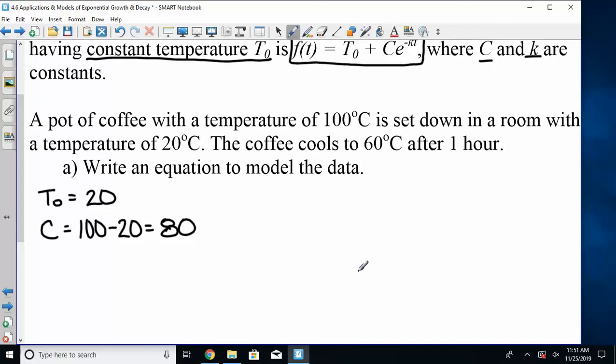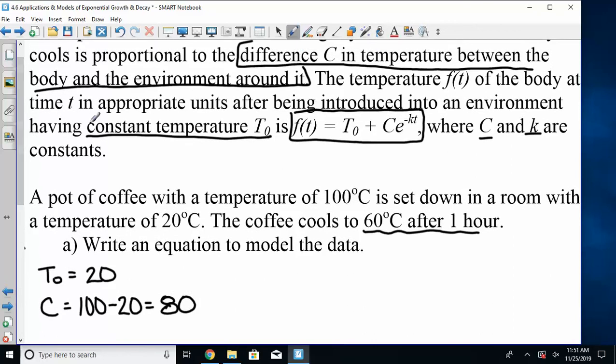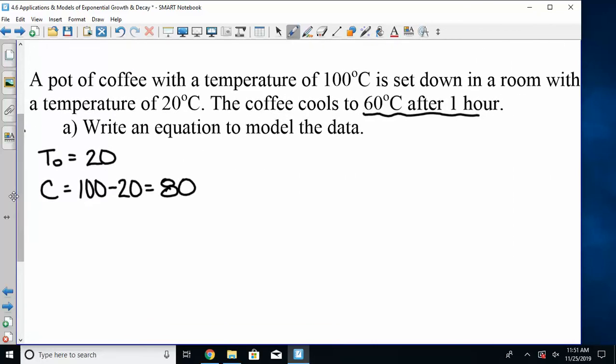Now K is a constant, but it doesn't tell us what that is, so we're going to have to use this to plug in and find it. T is in appropriate units, so we can do it in terms of hours, or it might be more useful to do it in terms of minutes.